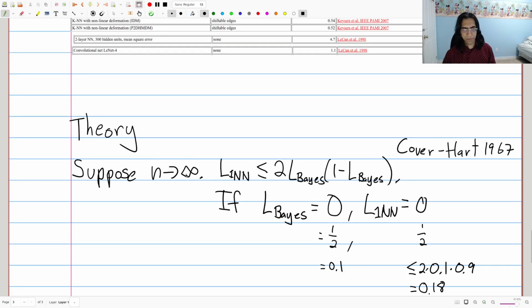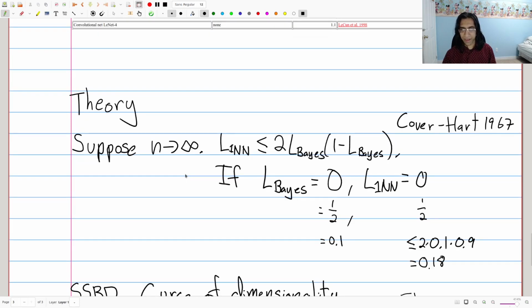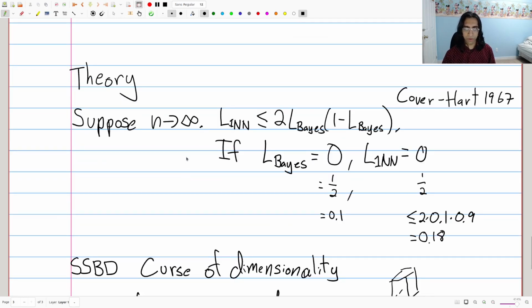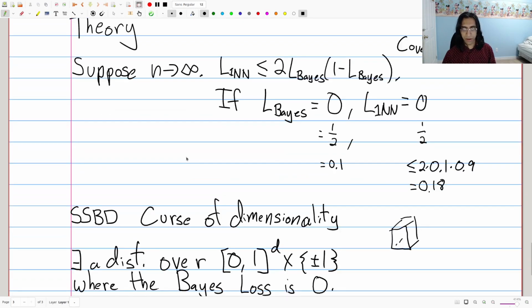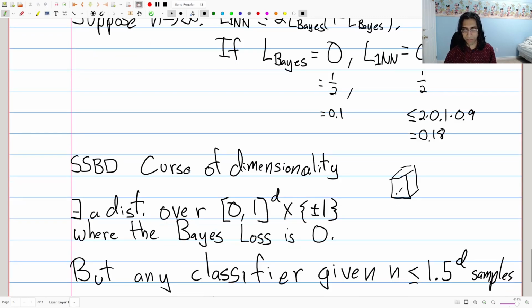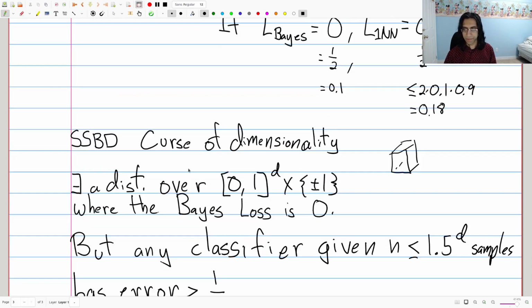And this theory backs up what we see in practice, in the sense that nearest neighbor classifiers often perform very well in lower dimensional spaces. But as we get up to higher and higher dimensional spaces, things can really go bad and we don't necessarily get good accuracy. So it may often be a better tool in lower dimensional spaces.